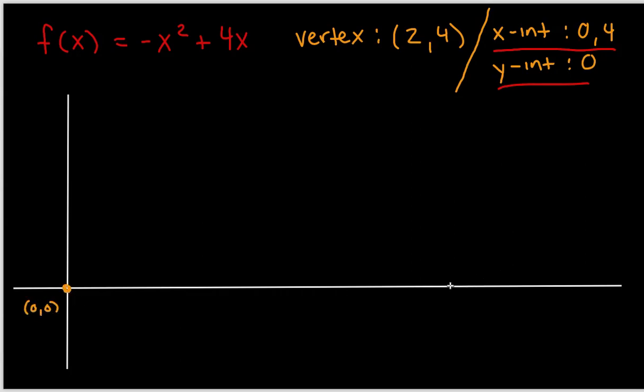And then the other intercept, we have 4, 0. And we have our vertex at 2 comma 4, so maybe 2 is right here. This is 2 comma 0, and then this is up here. Maybe we'll say that this is 0 comma 4, right? And so this is our vertex right there.